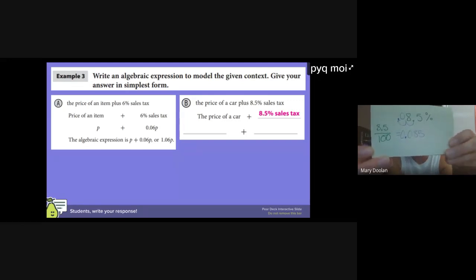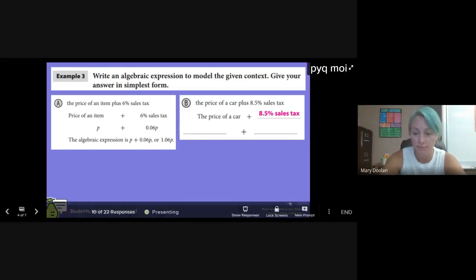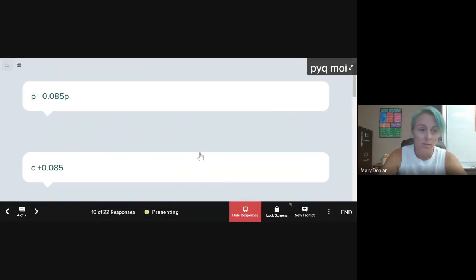Okay, so those of you that have that in, you're really close. Alexis, you got it correct. Nice. I'm going to share Alexis's screen. It's right here. First answer. They chose P as the variable, and they added 0.085 times P, the same variable.